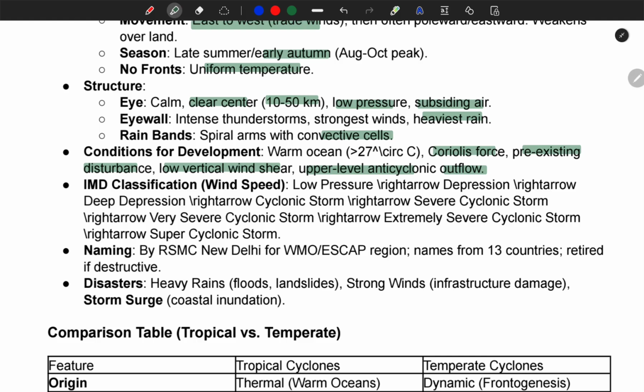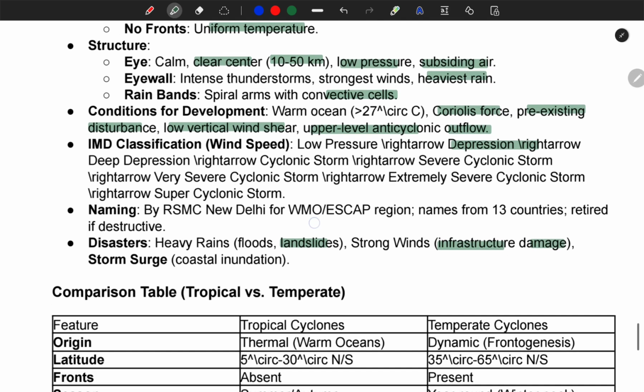IMD classification by wind speed: low pressure, depression, deep depression, cyclonic storm, severe cyclonic storm, very severe cyclonic storm, extremely severe cyclonic storm, super cyclonic storm. Naming by RSMC New Delhi for the WMO ESCAP region, from 13 countries; names are retired if destructive. Disaster: heavy rains, floods, landslide, strong wind, infrastructure damage, storm surge, coastal inundation.